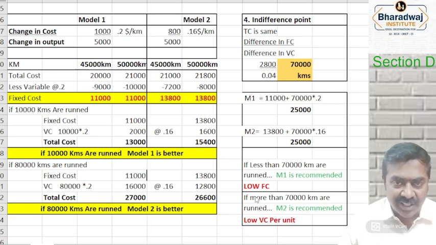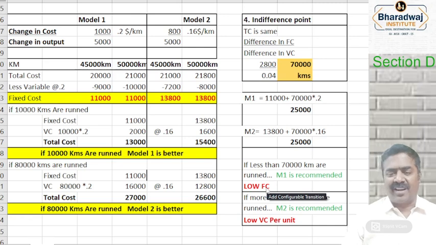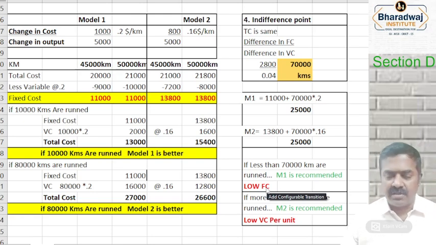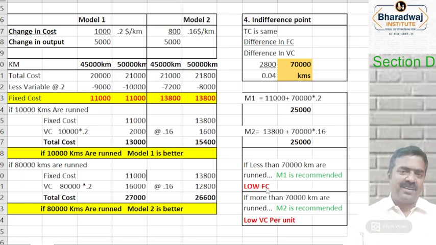So we are in the classification of cost. We learned about direct cost, indirect cost. Then we learned about classification based on cost behavior, how cost behaves: variable cost, fixed cost. Even this example is based on which one? Variable cost, fixed cost. Based on that we decide also.